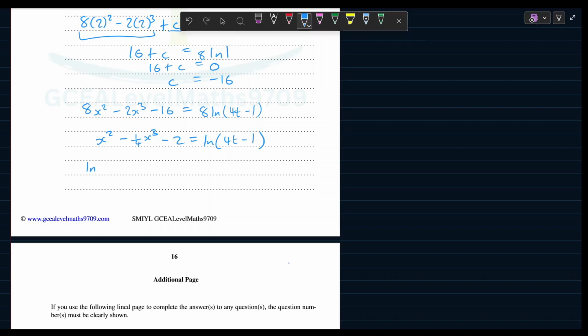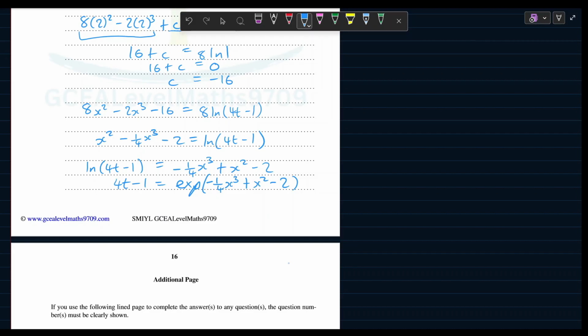Just going to rearrange this. ln (4t minus 1). I want to rewrite this in order of descending powers. So negative 1 over 4 x cubed plus x squared minus 2. Okay, and now let's apply the exponential function on both sides to get rid of this ln, so that we end up with 4t minus 1 is equal to the exponential of negative 1 over 4 x cubed plus x squared minus 2.